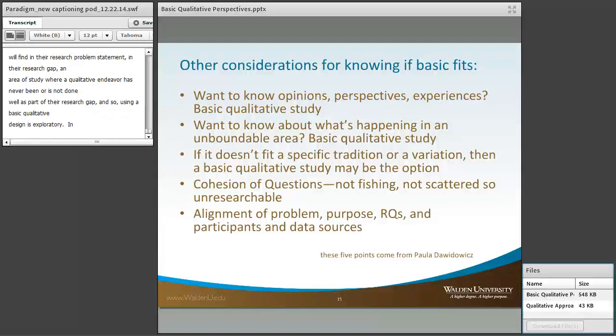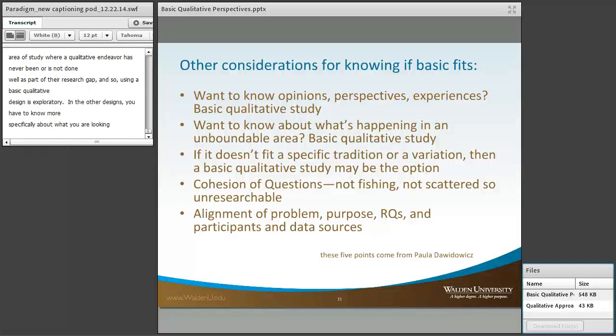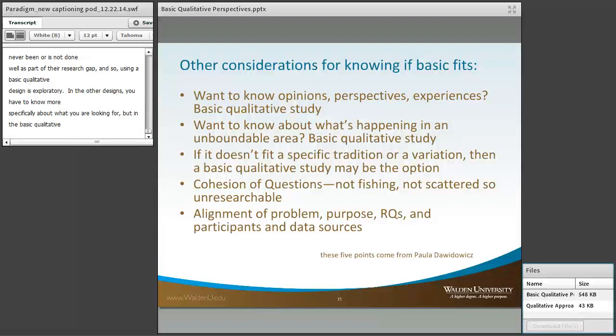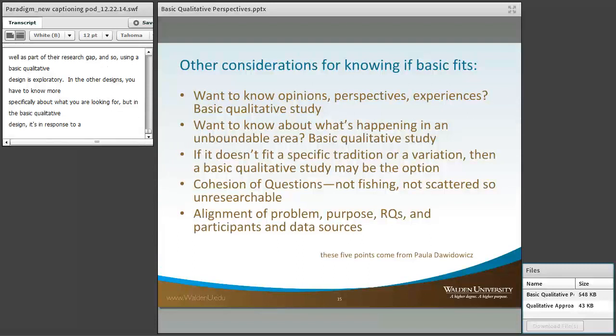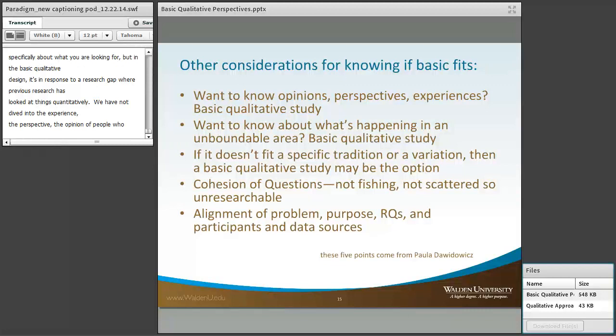In these other designs, you have to know a little bit more specifically about what you are looking for. But a basic qualitative design responds to a research gap where previous research has looked at things quantitatively, but we've not dived into the experience, the perspective, the opinions of people who have experienced a particular phenomenon, or have been part of a particular event, or have participated in a particular program. So it has more of an exploratory component.